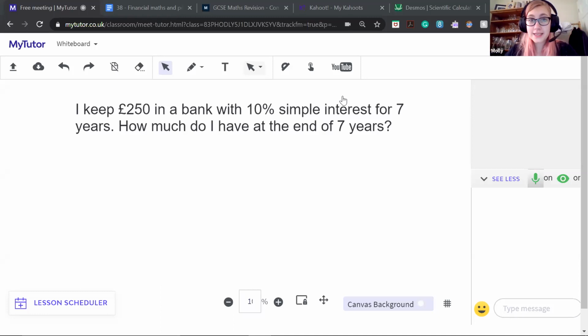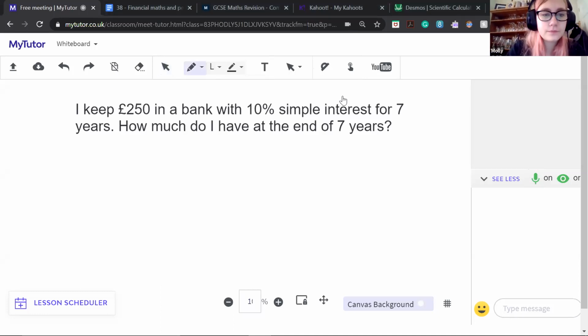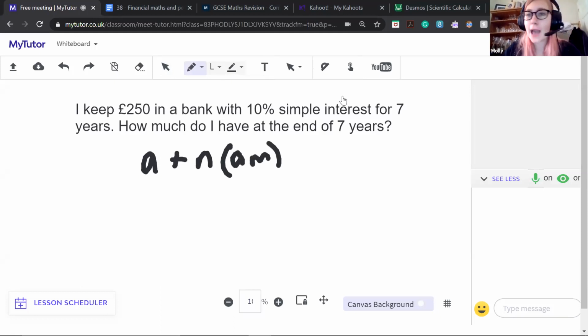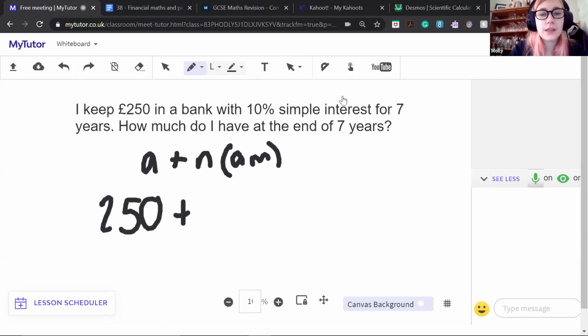So let's think about our formula. So we've got A plus n lots of AM. A plus NAM. So our original amount, and then we add on to that our 7 lots of whatever 10% of 250 is. And 10% of 250 is 25.